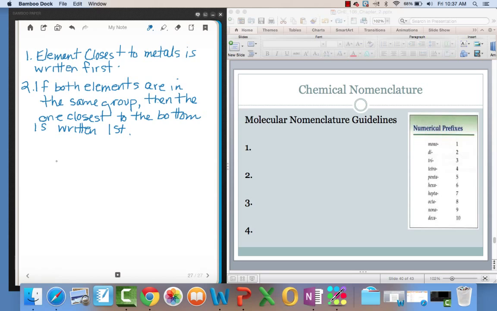So what this really equates to is the element with the lowest electronegativity is written first.